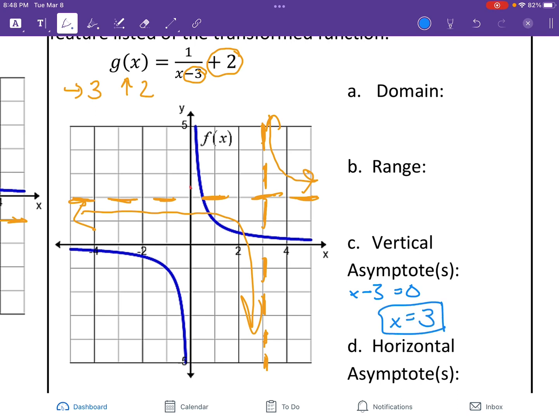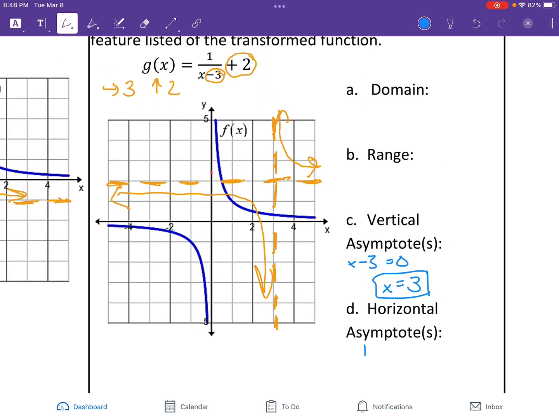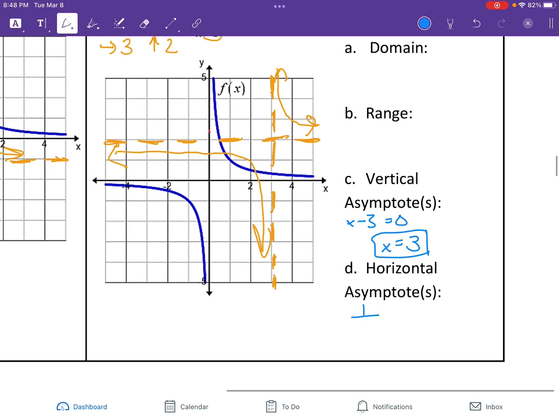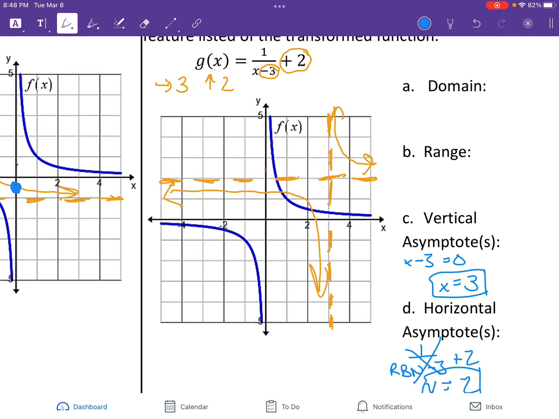That makes sense because our vertical asymptote, when you look at the graph, is at 3. Horizontal asymptote, you put 1, and then you put a really big number in for the x, plus 2, which makes this go away. So y is equal to 2 for your horizontal asymptote, which makes sense because that's where it is on your graph.